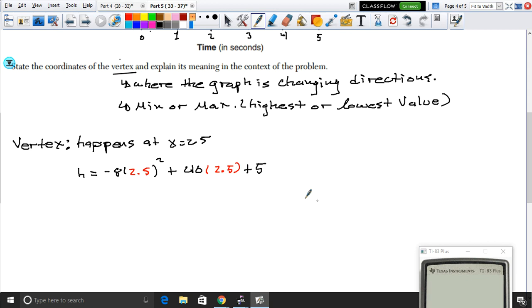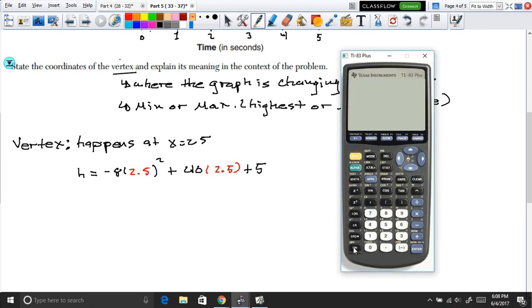All right, cool. Let's plug this into the calculator and see what that gives me. So let's clear that. Negative 8, parentheses 2.5, all to the second, plus 40, parentheses 2.5, plus 5. Perfect. Oops, my bad. Press enter here, and we got 55.